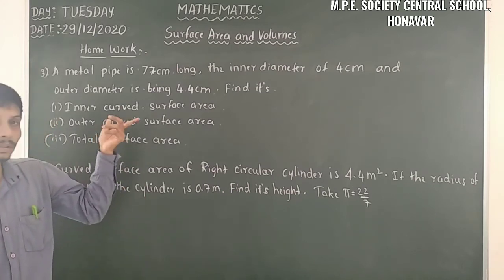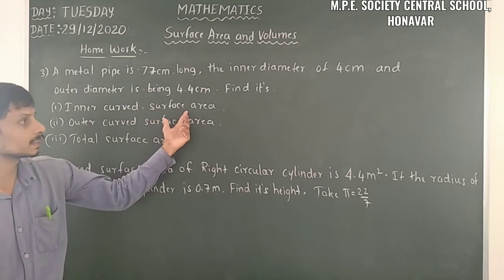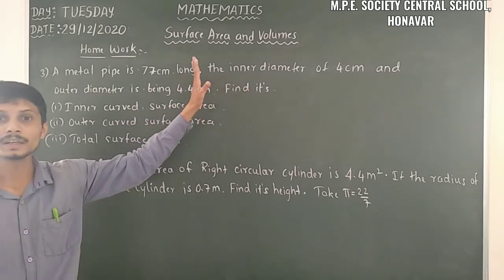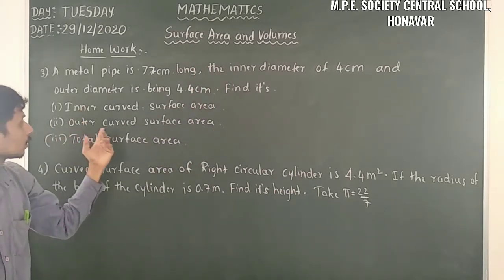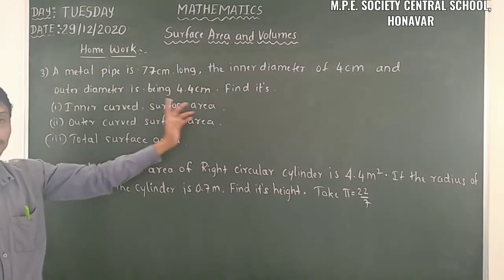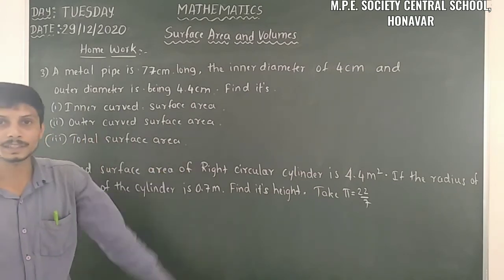So when we want to find the inner curved surface area, we have to take the inner diameter, and when you want to find the outer curved surface area, you have to take the outer diameter. Using the outer diameter, you find the outer curved surface area.